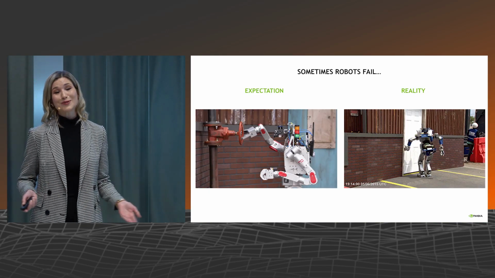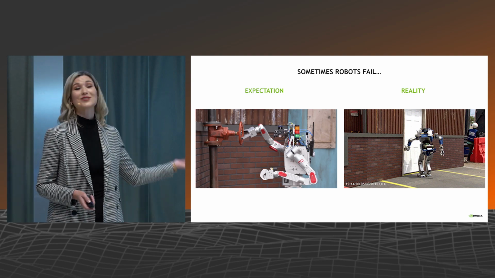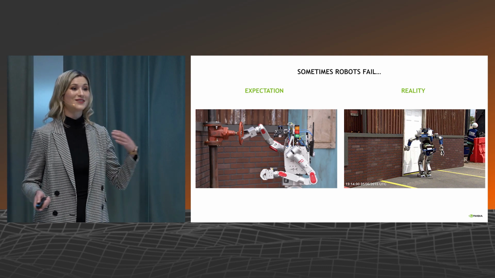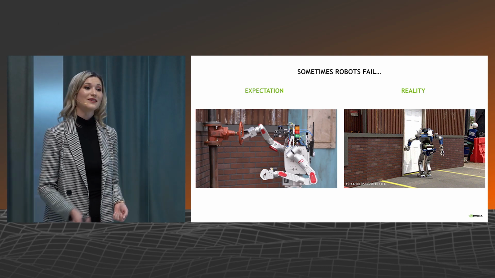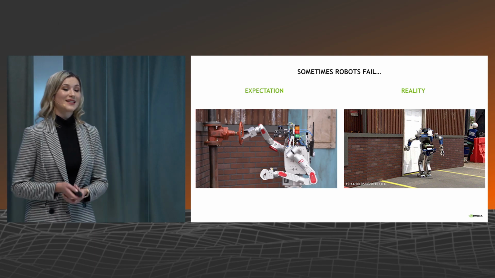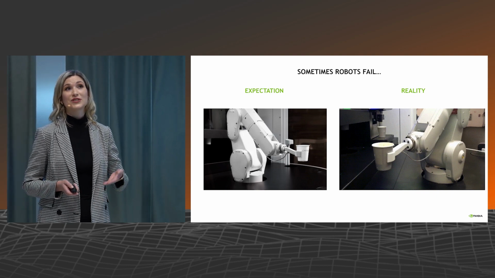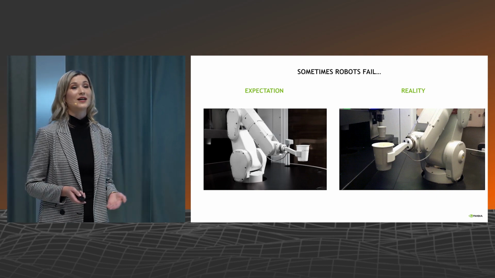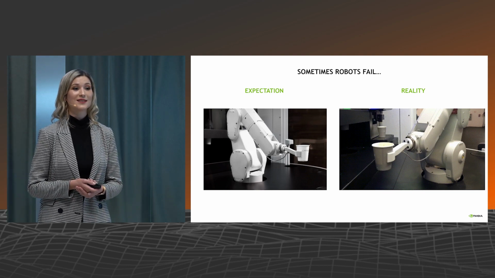But sometimes robots fail. So imagine you have a rescue robot, and you want this robot to come and help you solve some problems. But then things like that happen. Oops. Or you have a robot which is supposed to serve you a cup of freshly brewed coffee, but then things like that happen.